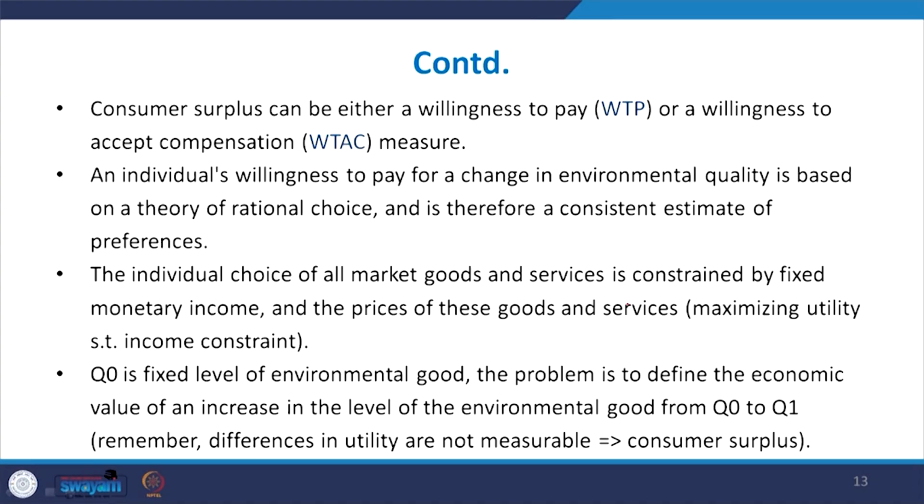So, obviously, Q0 is a fixed level of environmental goods, and the problem is to define the economic value of an increase in the level of environmental goods from Q0 to Q1. Here remember, difference in utility cannot be quantified, but you can express it in terms of consumer surplus.